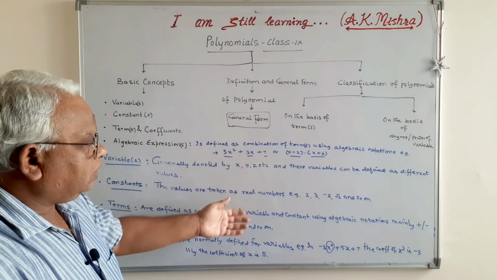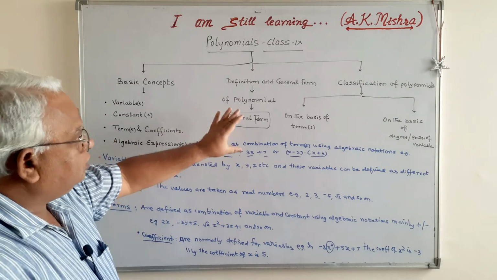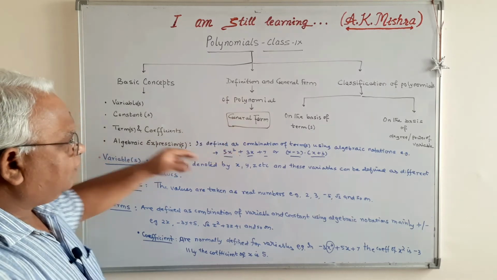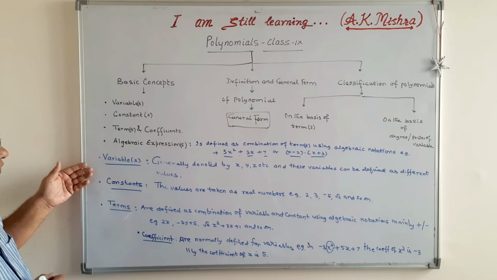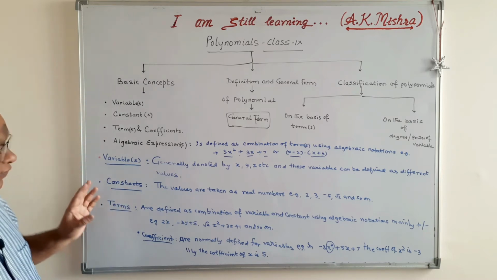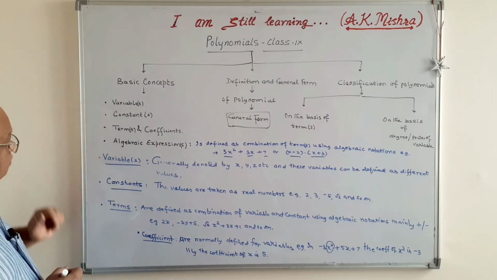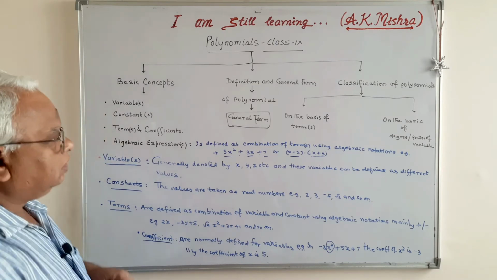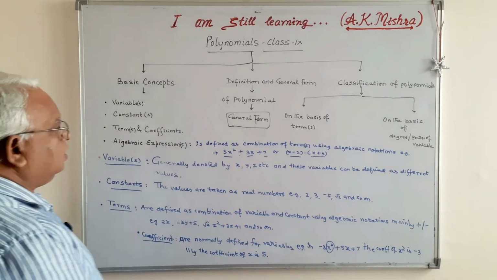All these things we'll be talking about in detail later, when we talk about polynomials. You have studied all these basic things in class 8th also. So you are already aware of all these four things. What is a variable, what is it, is just a recall of what you did in class 8th, right?